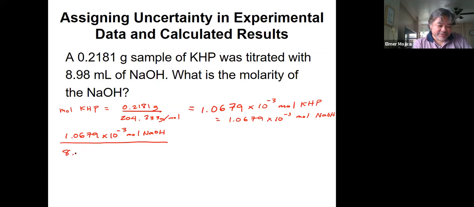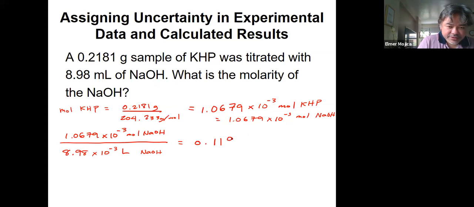So we could just set 8.98 mL, convert it to liters. So right away, we have what? 1.0679 times 10 to the negative 3 divided by 8.98 times 10 to the negative 3. So you have here 0.11892.